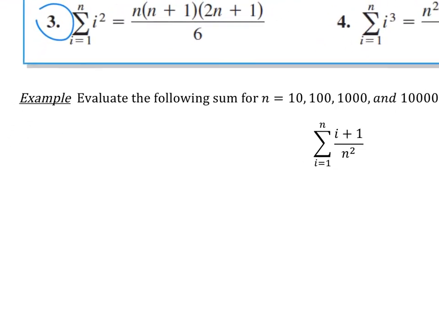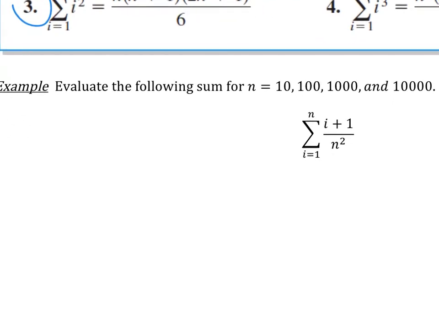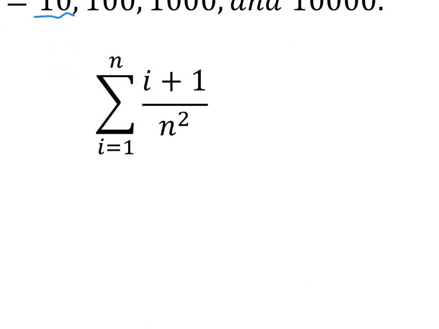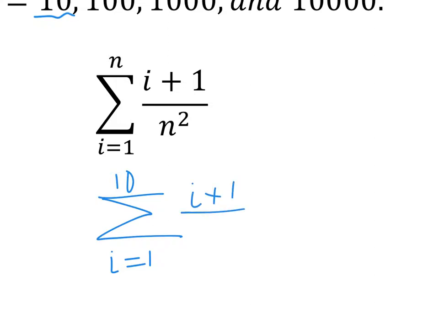Here we have a formula, and we want to evaluate this for n equals 10 or 100 or 1,000 or 10,000. What's going on here? If n is a number, maybe n is 10, then this is just the sum as i goes from 1 to 10 of i plus 1 over n squared. What is n squared? It's 10 squared, which is obviously 100.